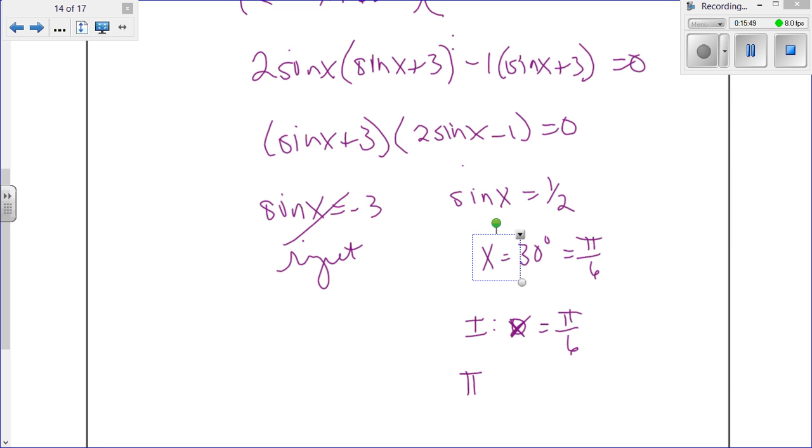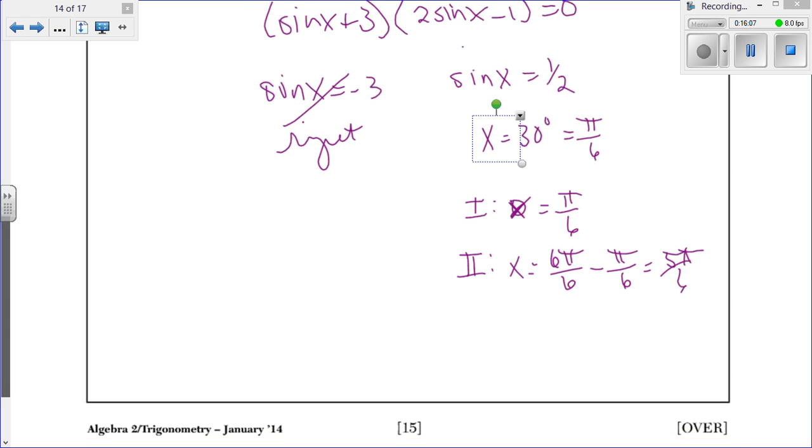And in quadrant 2, x would be 180, which is pi, so 6 pi over 6 minus pi over 6, which is 5 pi over 6. So my two answers are pi over 6 and 5 pi over 6.